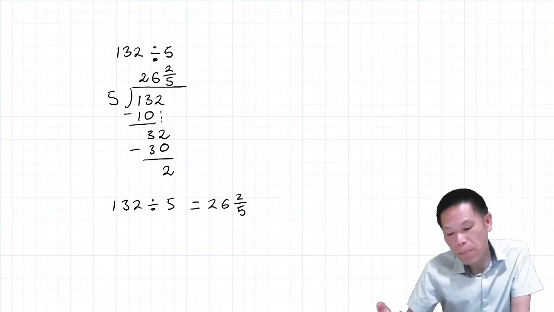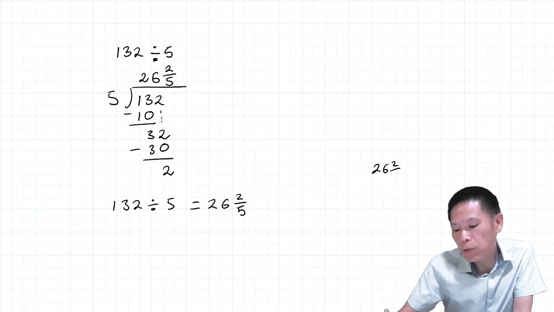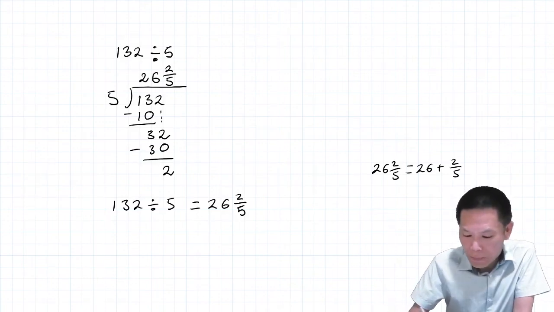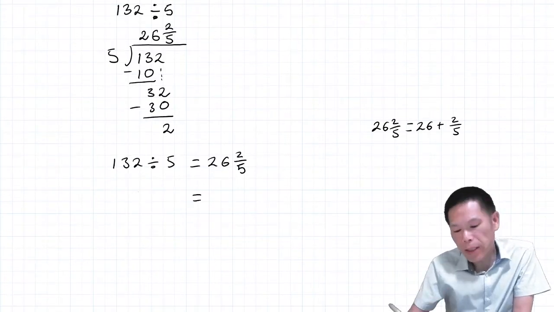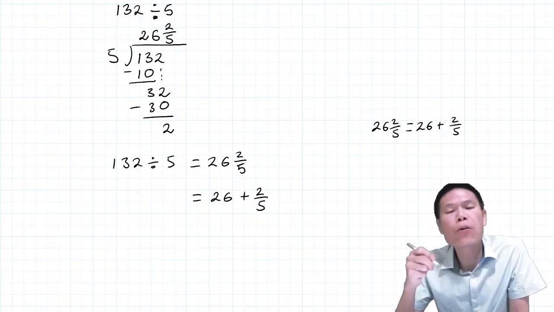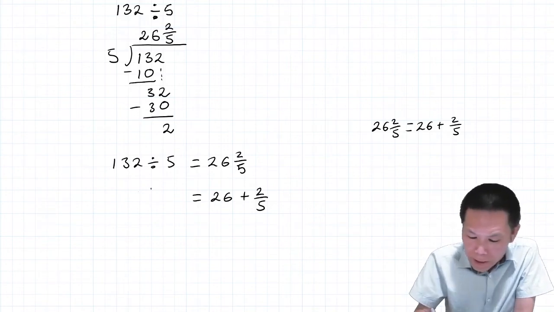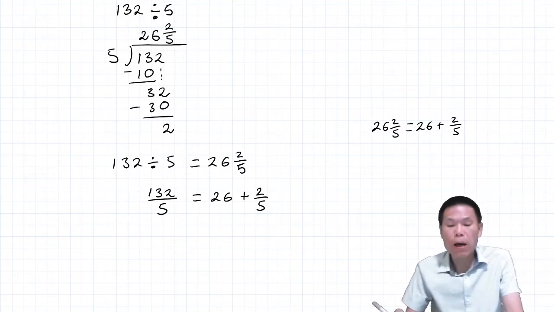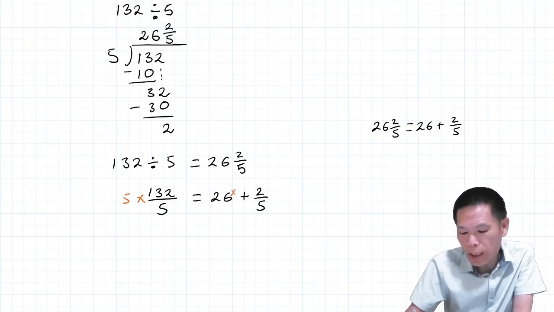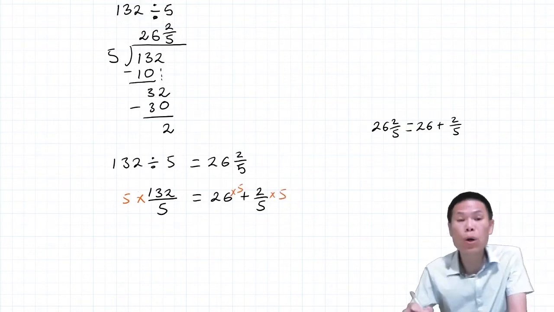Now, remember 26 and 2/5 is exactly the same as 26 plus 2/5. So this means that 26 and 2/5 is equal to 26 plus 2/5. And 132 divided by 5 is the same as 132 over 5. Now, if I times 5 on both sides, of course I need to times 5 here and times 5 here as well.